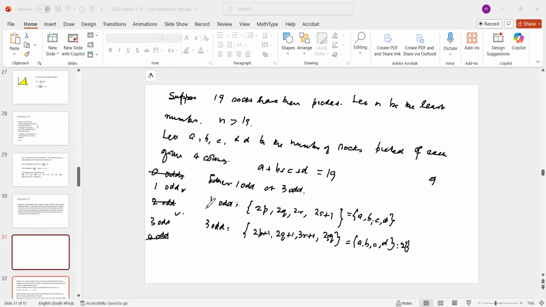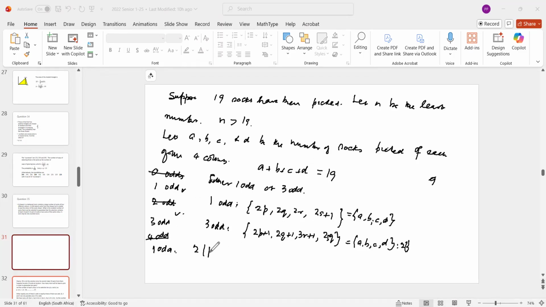So the first one, let's take the first one and analyze it. In this case here, adding all these four numbers is the same as adding those four numbers, but we know that is 19.